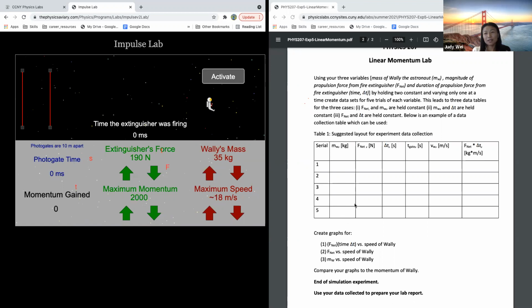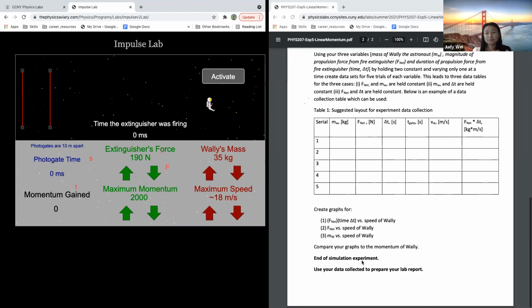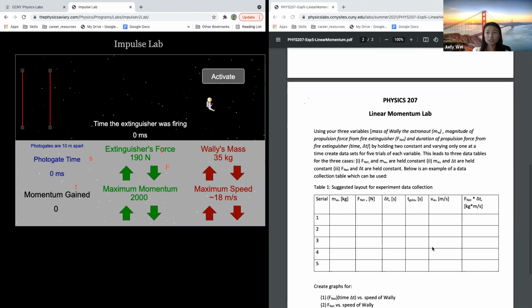We can list all these masses here and record the T gate from here, and calculate the speed by 10 divided by the T gate. Remember, they're all seconds. Make sure you convert your unit, and then you don't have to do this one either, and plot your mass versus speed and see what you can get. And compare your graphs to the momentum value. Then that'll be all for the experiment.